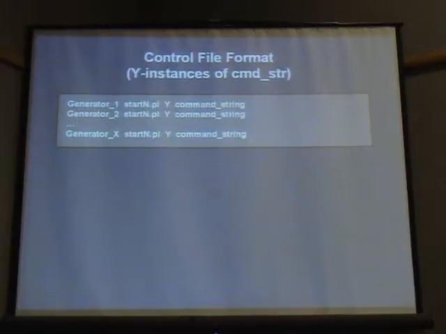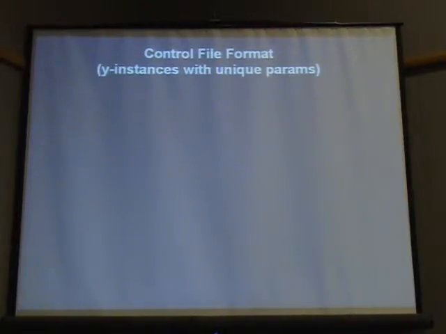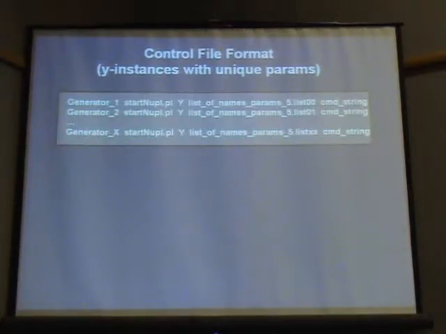A more specific format would be one that starts up Y instances of the command string. Okay, so I've got a special script to do that. I have an example here, but even more interesting is a control file with Y instances with unique parameters. This one I use quite often. As you see, again, it has the same general format. It starts out with a generator hostname, followed by a Perl script that says start in upl.pl, the UPL standing for unique parameter list.